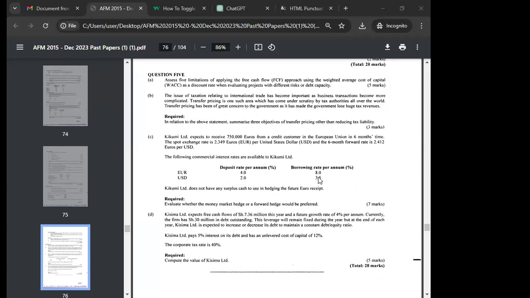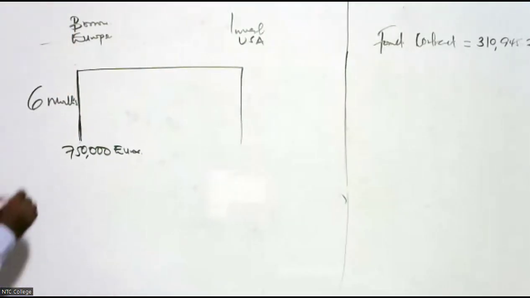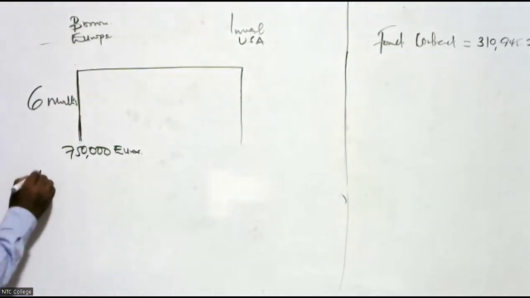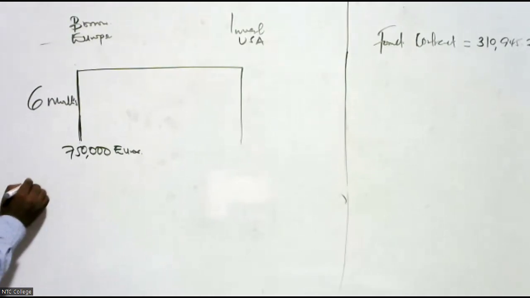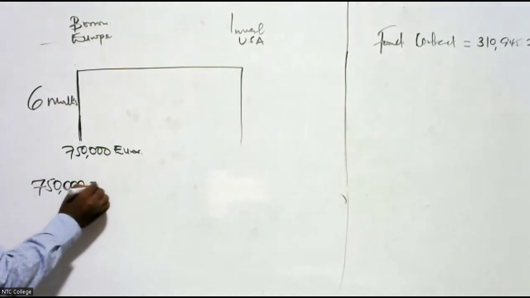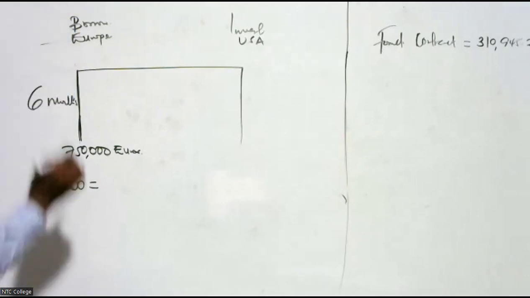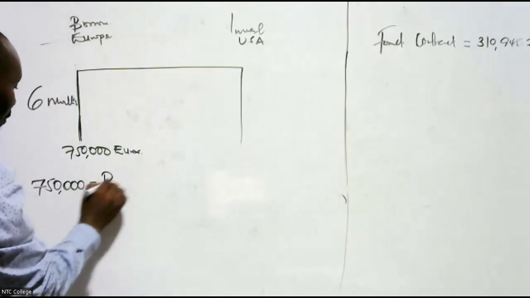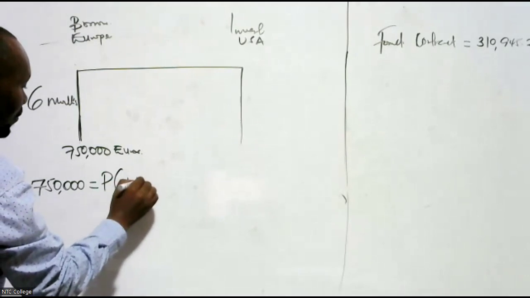We are borrowing in Euro because we are going to receive in Euro. So borrow here, at 8%. The amount that we need to get, which is 750 in 6 months time, is what we are going to borrow and pay in 6 months time. So it is equal to the principal that we're going to borrow times 1 plus R.